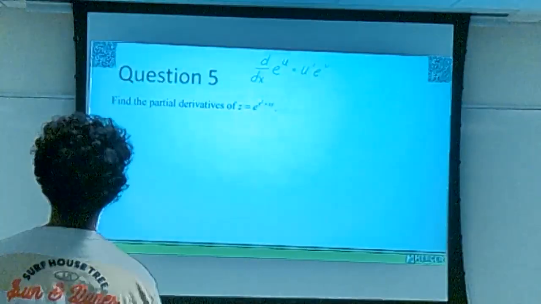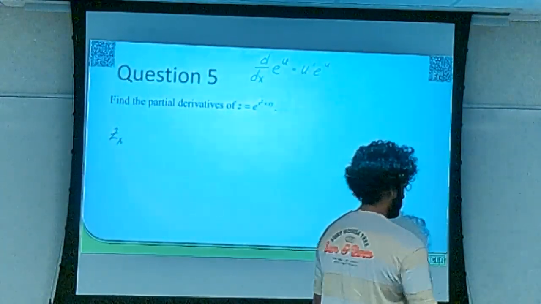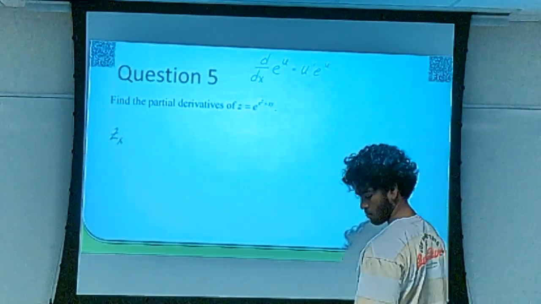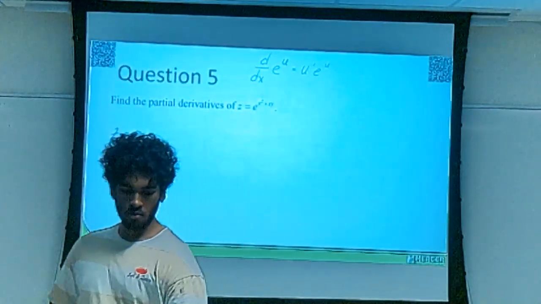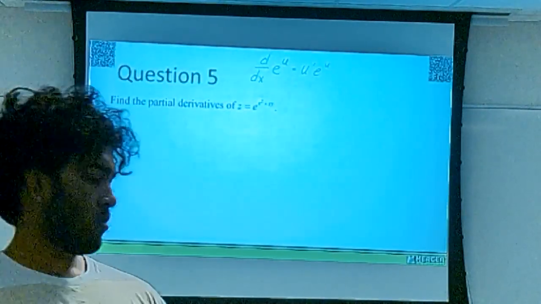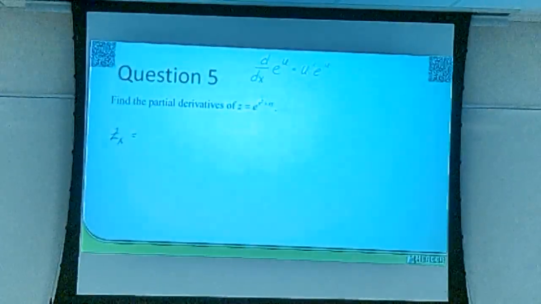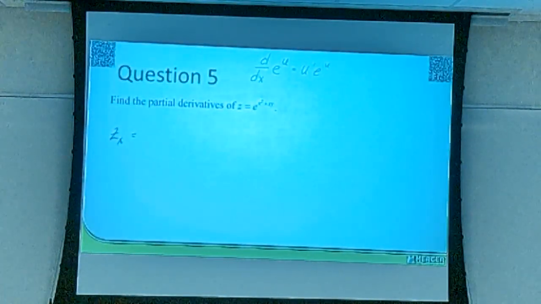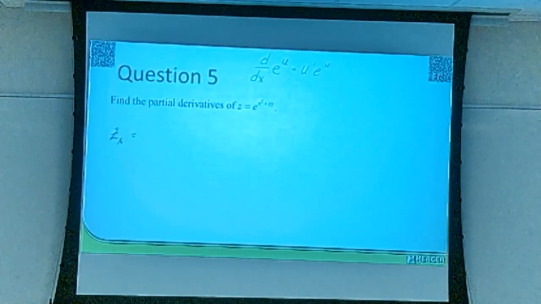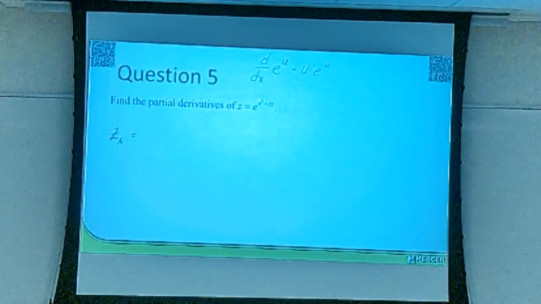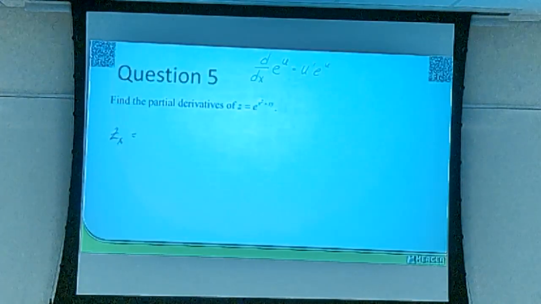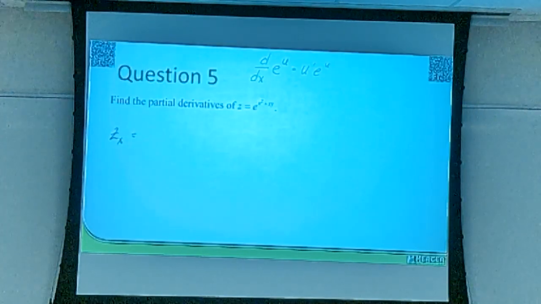U prime, yeah, sorry. The antiderivative of e to the x dx is e to the x. But you have to be careful because that would only work if it's a constant. For instance, e to the x squared has no elementary antiderivative.